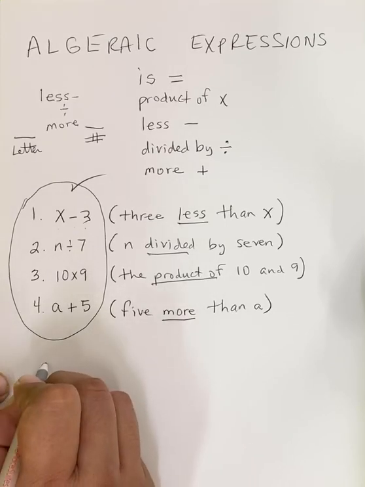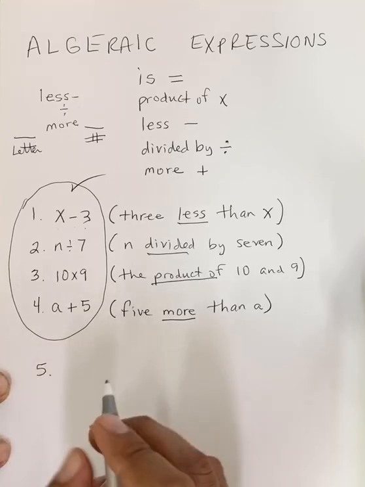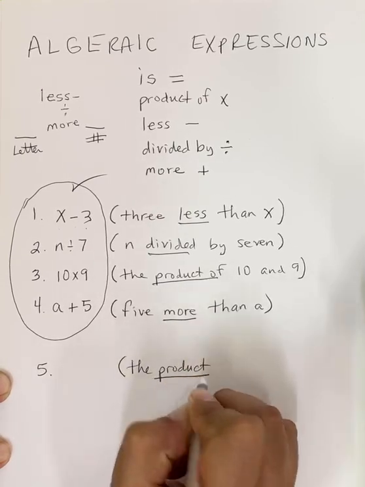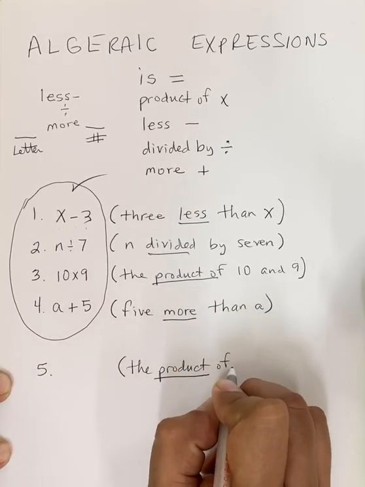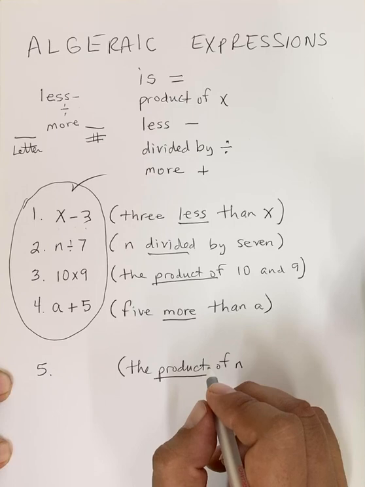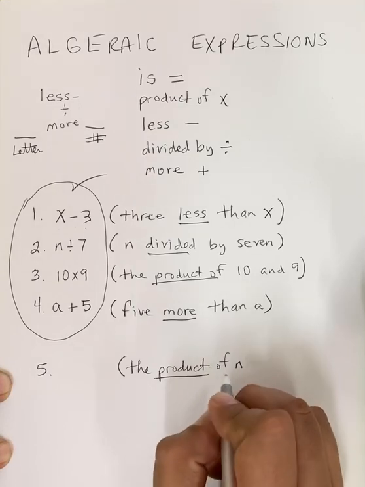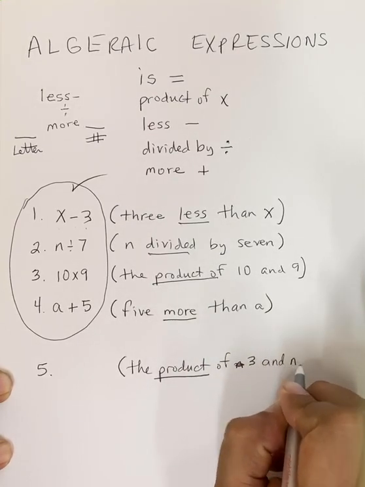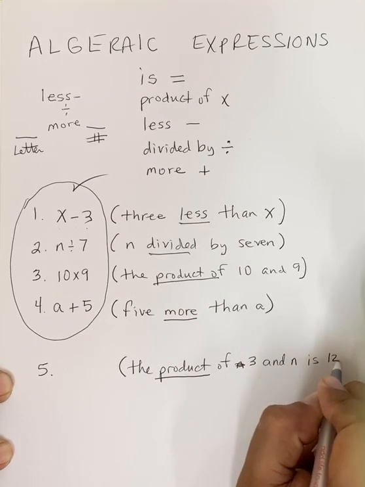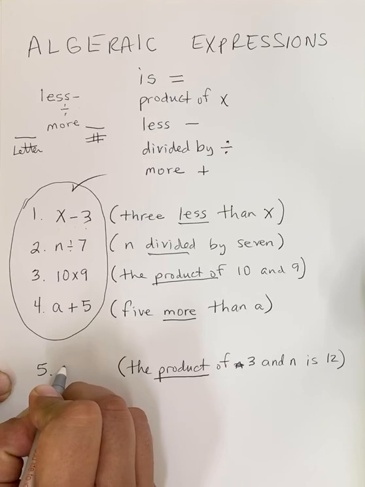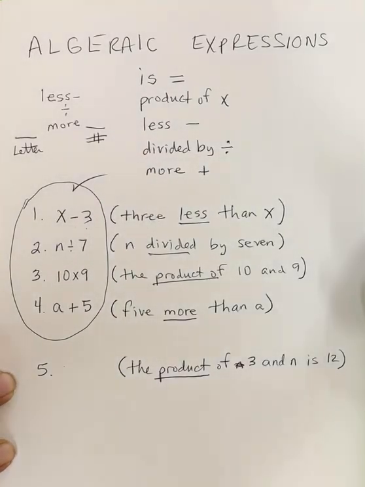So number 5 will be the product of 3 and n is 12.